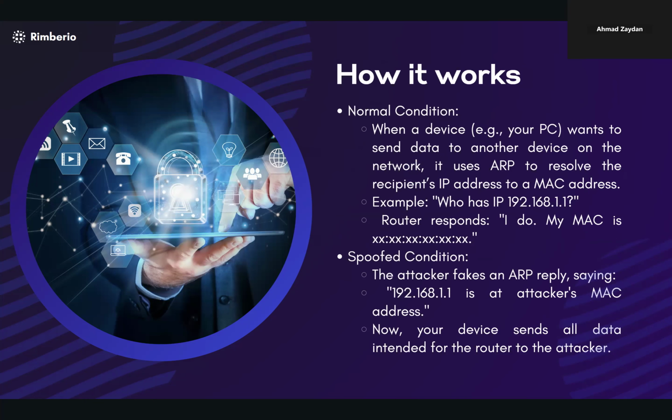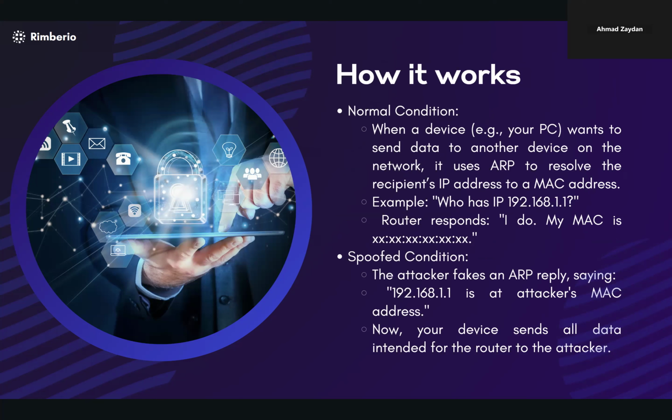So how does it work? There are two conditions. The first one is the normal condition. When a device, for example your PC, wants to send data to another device in the same LAN network, it uses ARP to resolve the recipient's IP address to a MAC address.